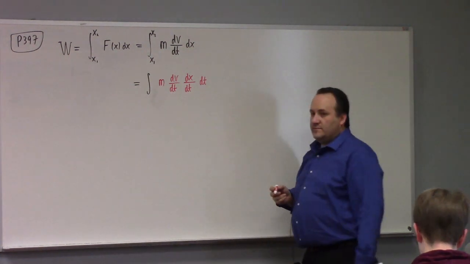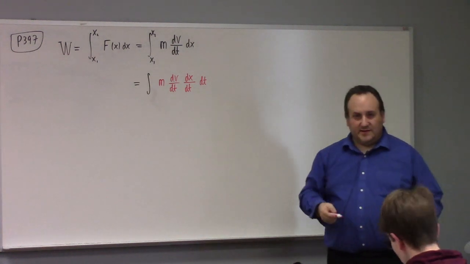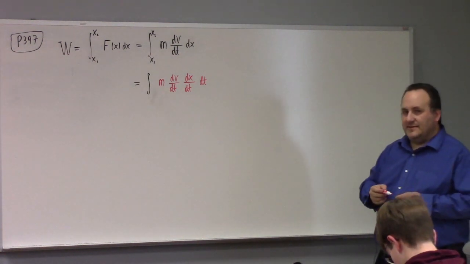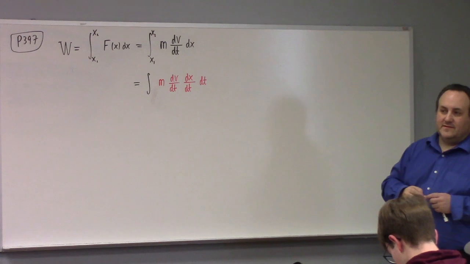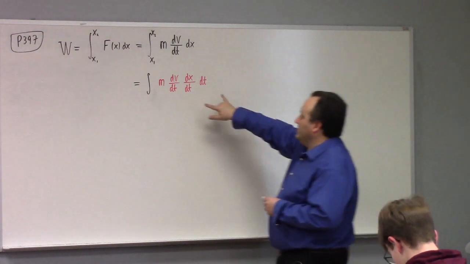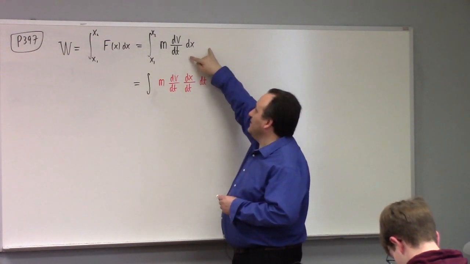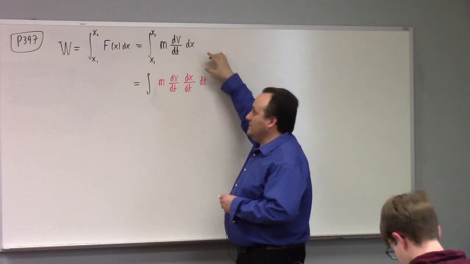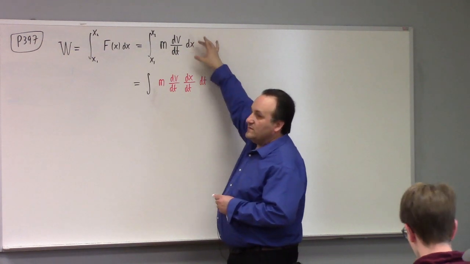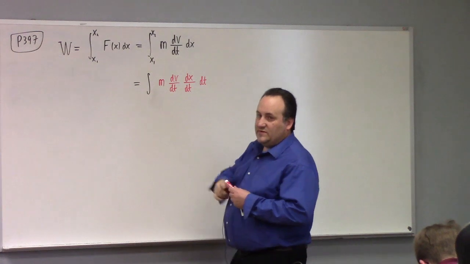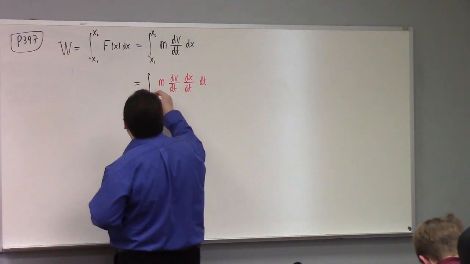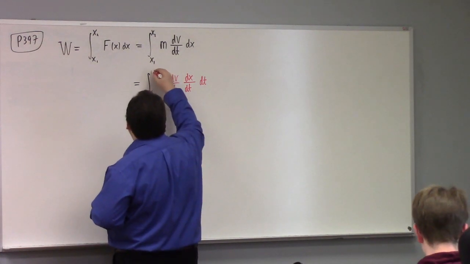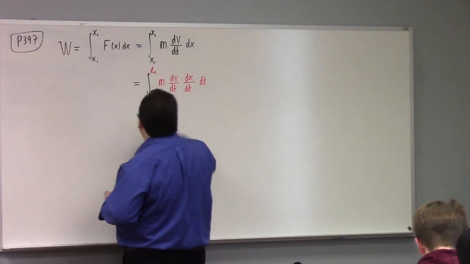That seems reasonable? I just divided and multiplied by dt, yeah? When I do that, I'm changing the integration from x to t. So I must change the bounds correspondingly to the time we're at x1 and the time we're at x2. So t1 to t2 like that.